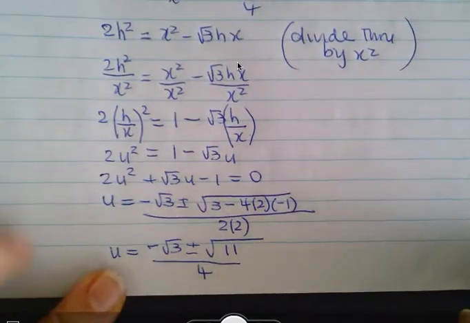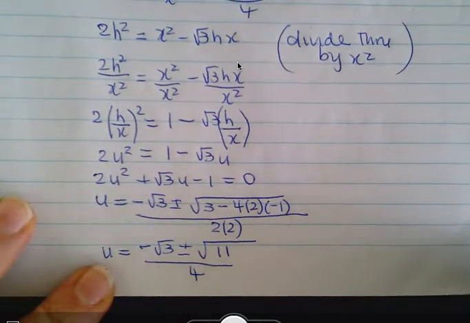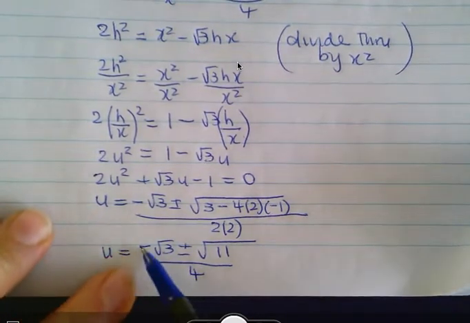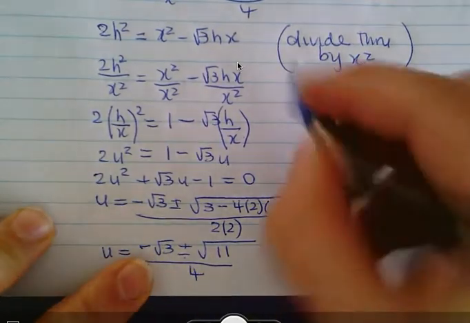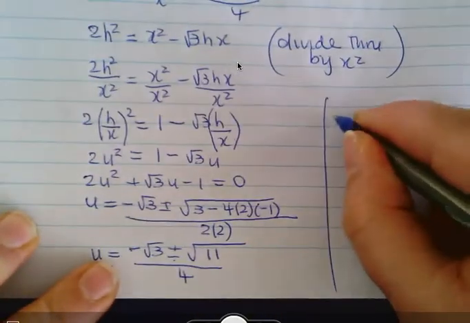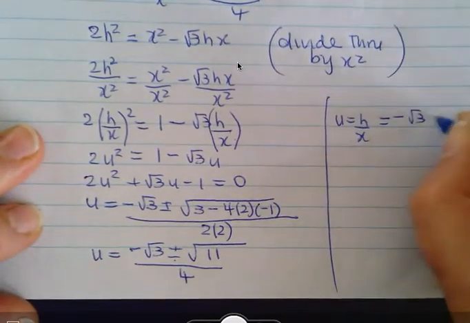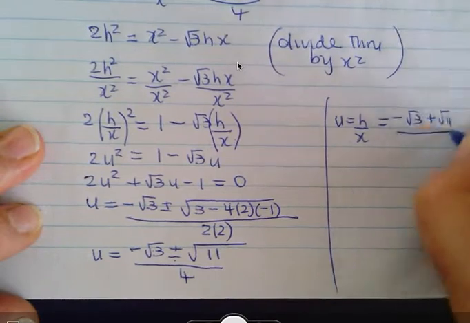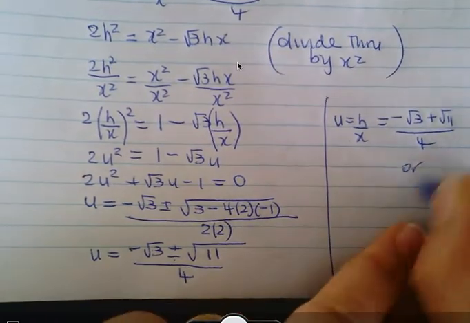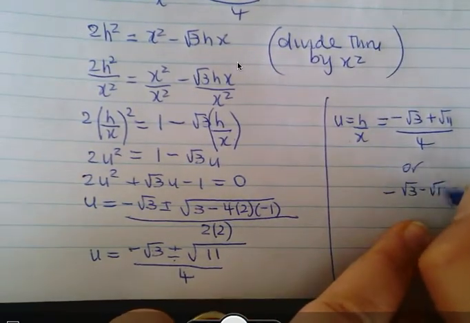So I've got two possible answers. So u, which happens to be h on x, is either negative root 3 plus root 11 over 4, or negative root 3 minus root 11 over 4.